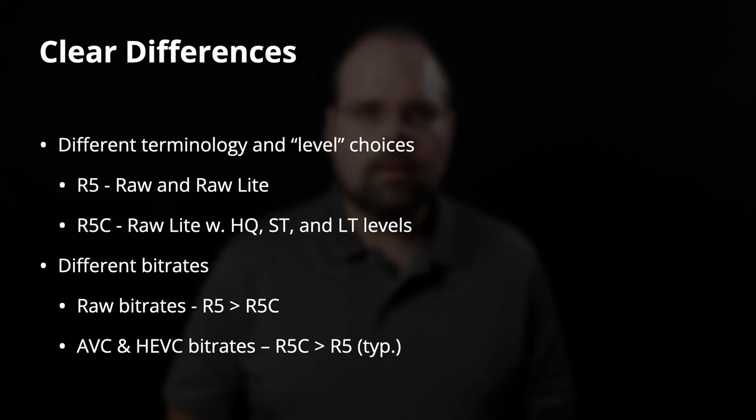But then again, maybe the still team was thinking about the fact that you might extract still images from RAW video, and therefore they wanted to target higher bit rates so that you had better quality stills or something like that. But that is a notable difference between the two.